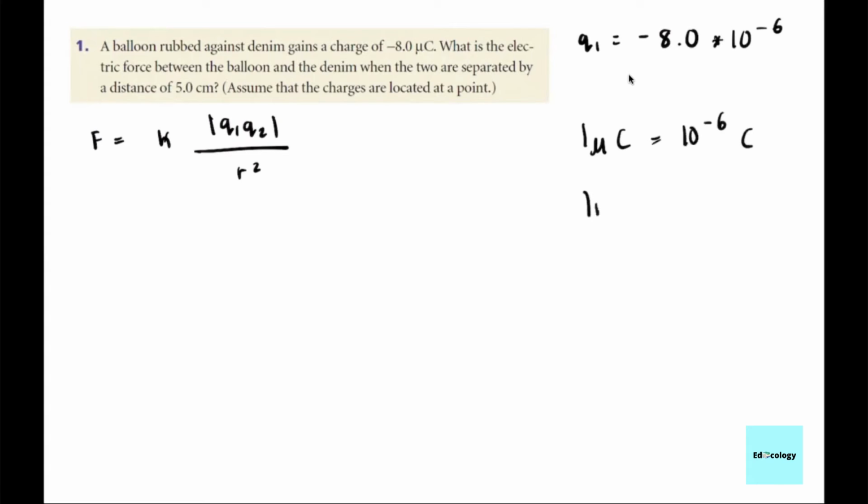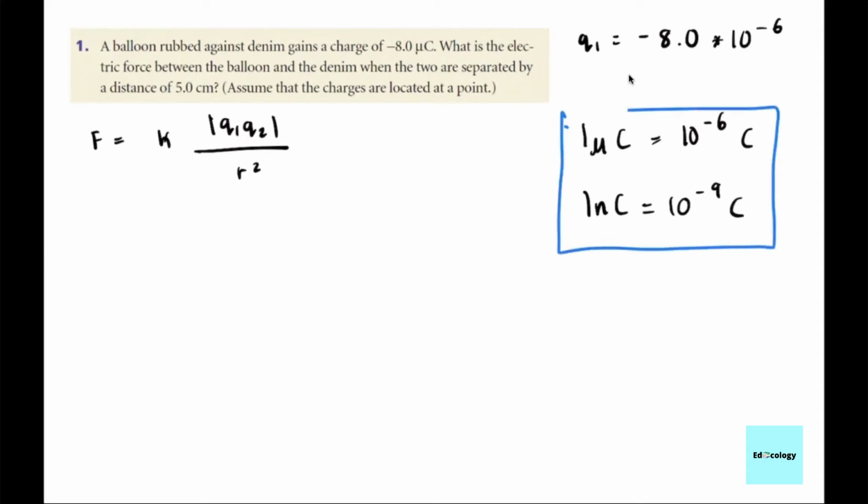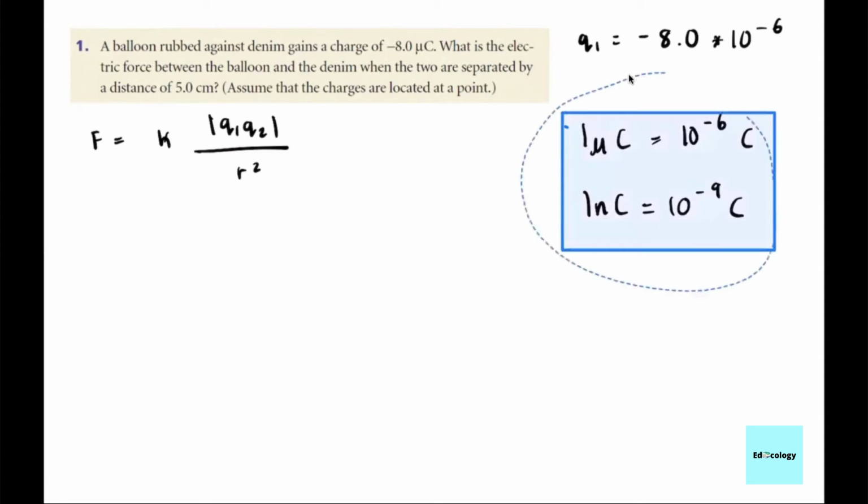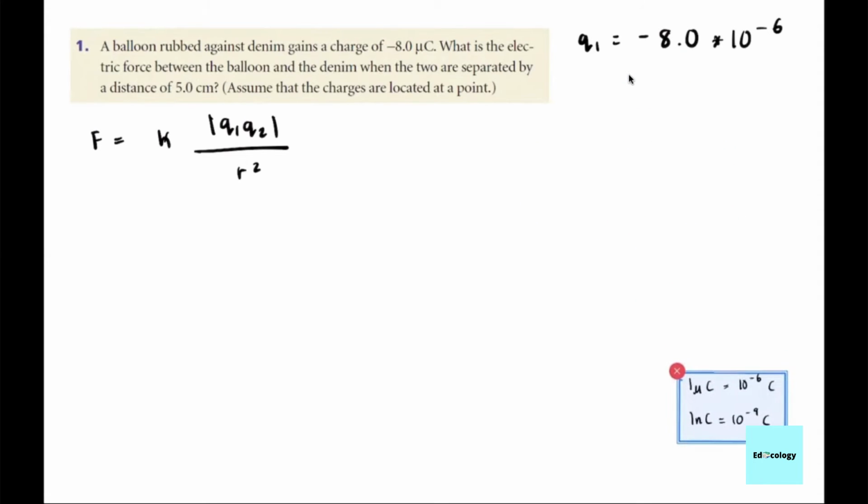Okay, 1 nanocoulomb is 10 to the power of -9 coulombs. So this is a conversion of units that you have to know, since they are very often used when solving these types of questions. Okay, now that we know that, we now understand why we wrote -8 times 10 to the power of -6 coulombs.